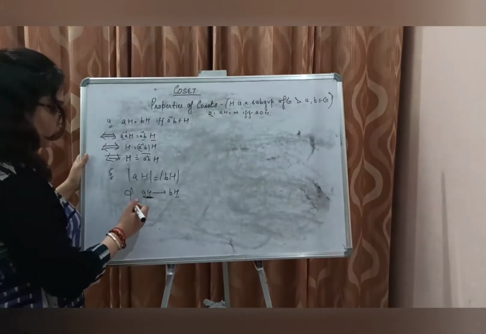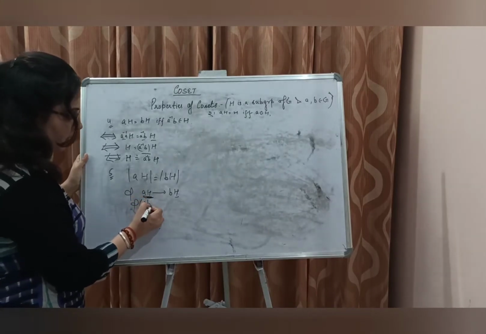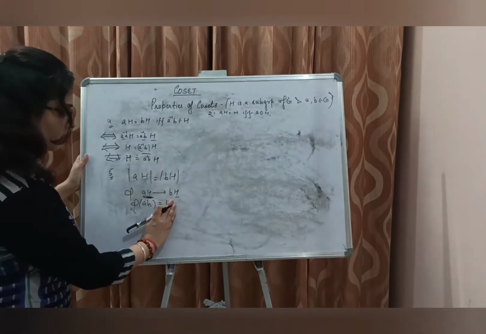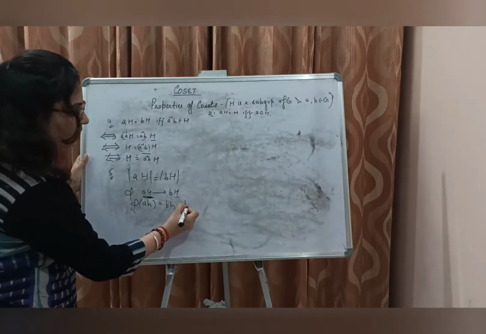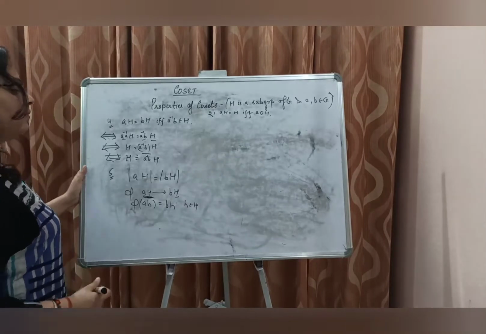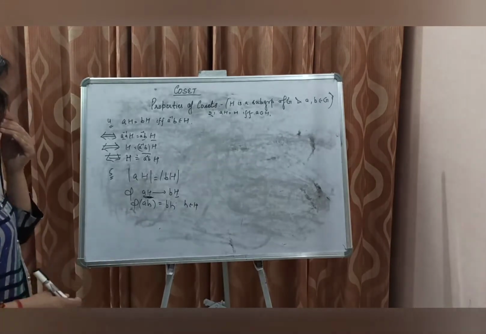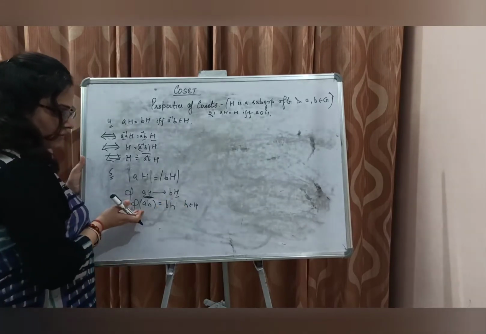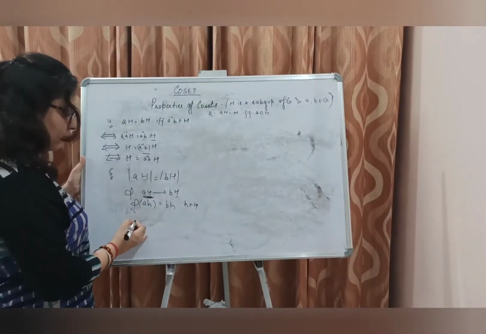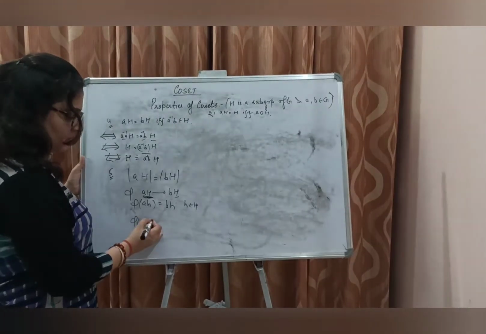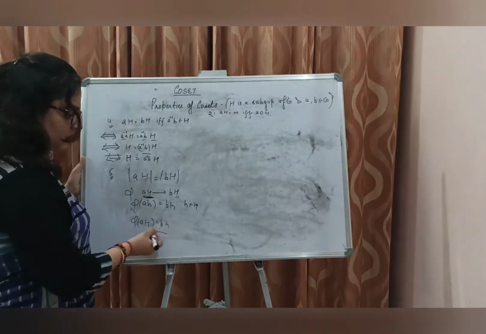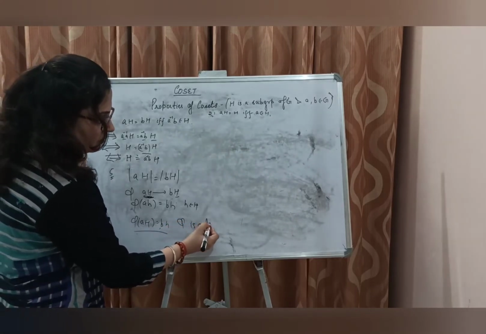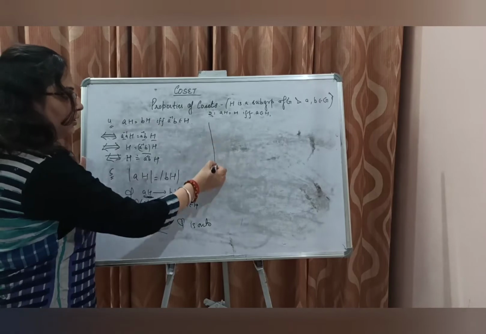So phi of Ah is equal to Bh, where small h belongs to H. Once we prove that this is one-one onto, our proof is done. Clearly this is onto, because for any element belonging to BH we have an element in AH. So phi is onto, and there is no need to prove it.